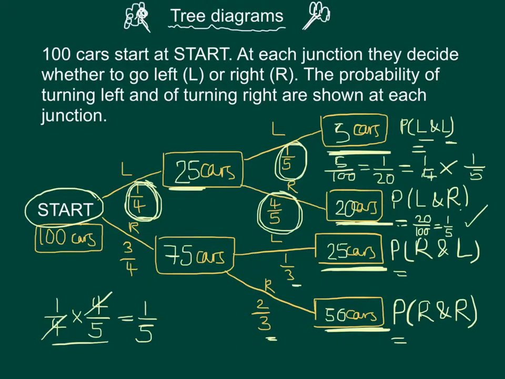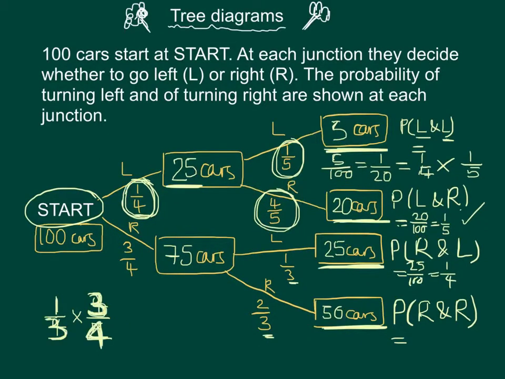Now, for this one, we've got 25 cars out of 100 in the car park. So 25 out of 100 simplifies to 1/4, and the probabilities we're multiplying together give us this calculation here, 1/3 times 3/4, which is indeed 1/4, so the rule works here as well.